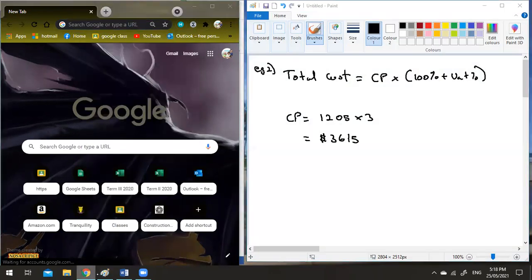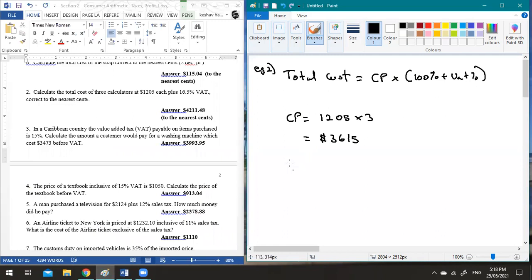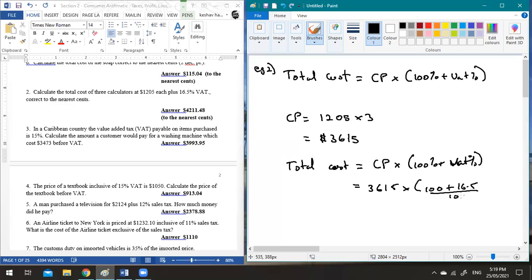That's some expensive calculators. So the total cost you'll be paying will be the cost price multiplied by 100% plus the VAT percentage. So 3615 multiplied by 100 plus 16.5 over 100.